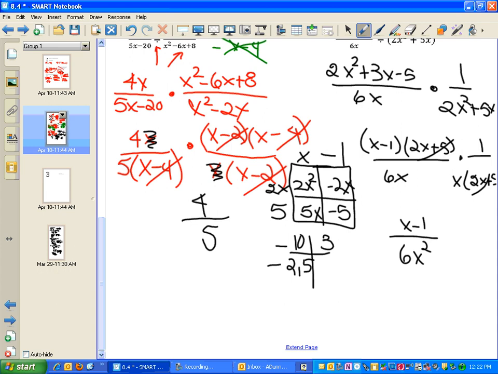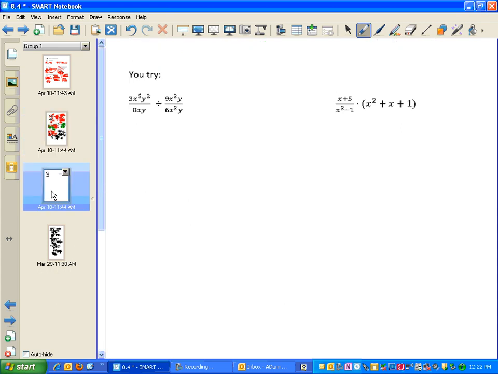Oh wait, there's x's on the bottom and the top, is there something you can do about that? Does it exist in every single function, and am I showing multiplication so I can cancel? So remember, Abby, if I had correctly factored everything and found all my factors that I can cancel, my final answer should not be able to be reduced any further. Okay?